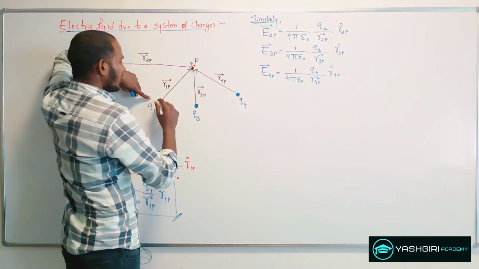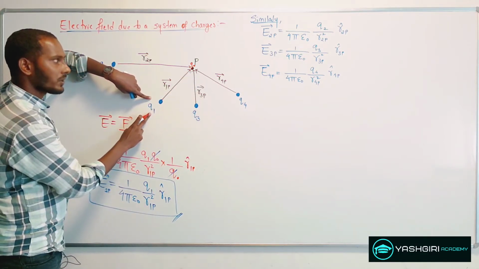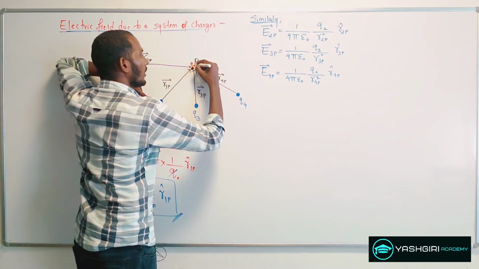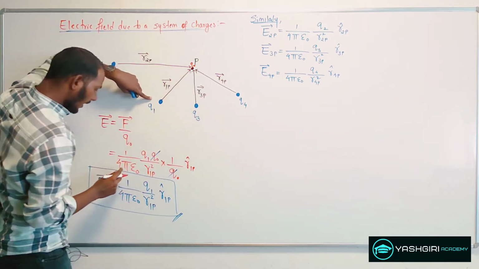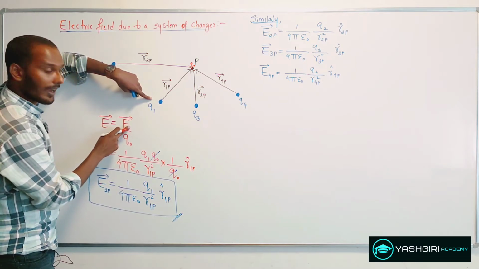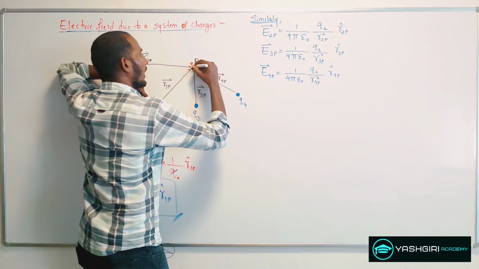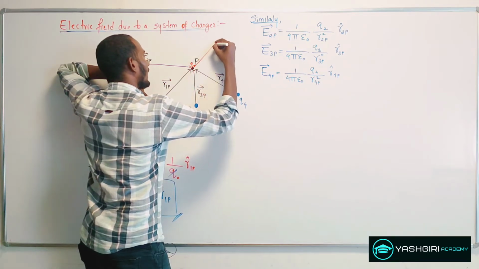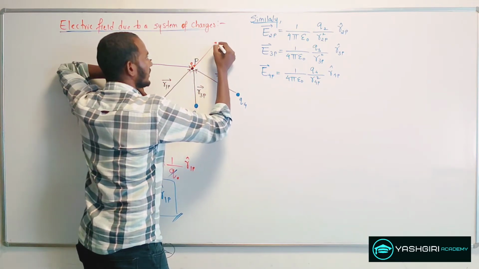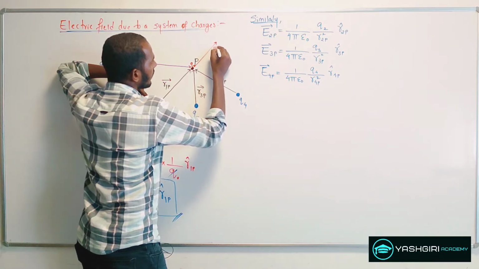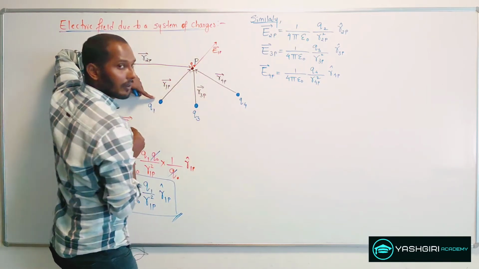And if this Q1 is positive, the direction of this force will be like this. And what I know is that the same direction is also available for the electric field. So I can write the direction of the electric field like this. So this is the direction for my vector E1p.